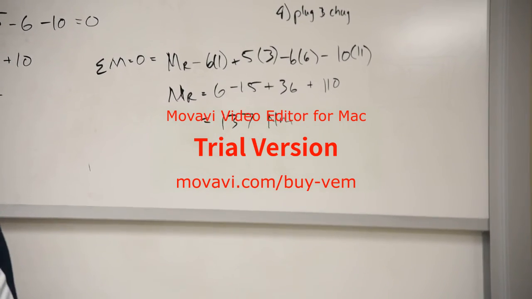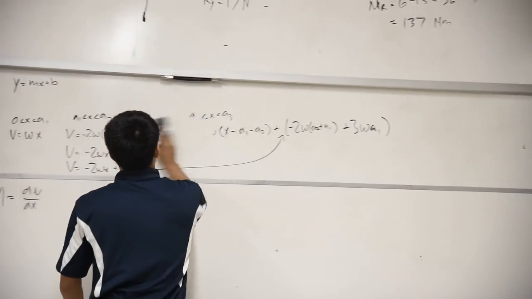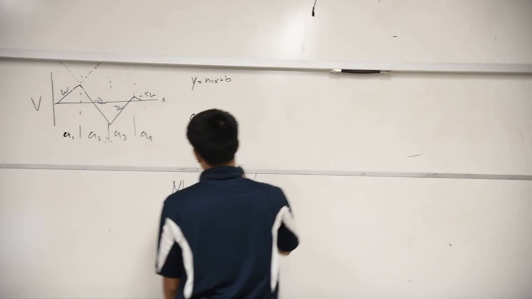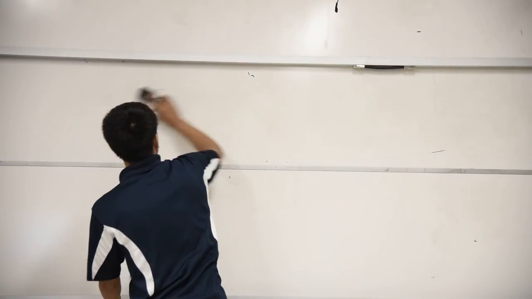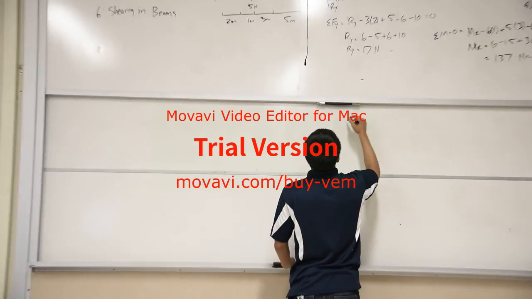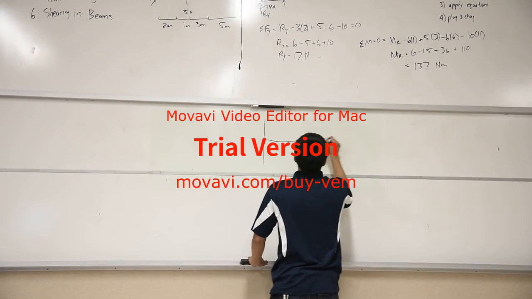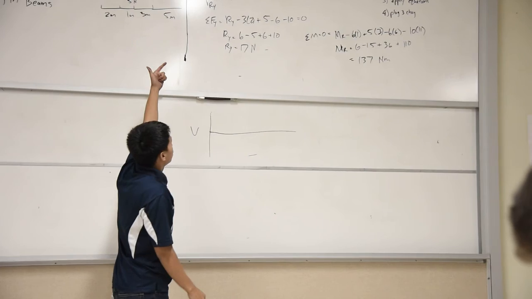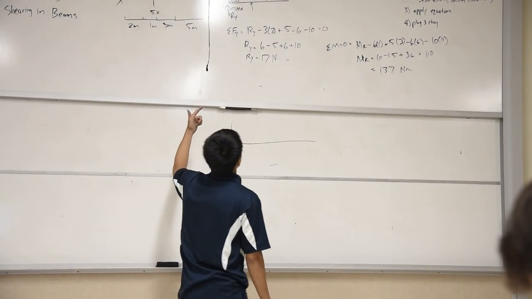Alright, let's draw it up. I'm going to just line it up with this. Okay, shear. Remember, there's a reaction shear at the very beginning. I'm going from left to right. I'm American, so I read left to right.